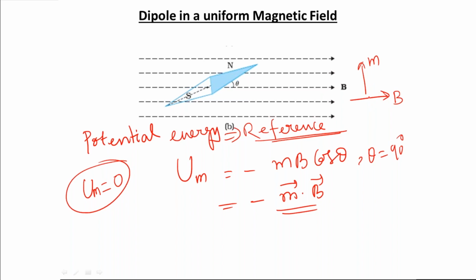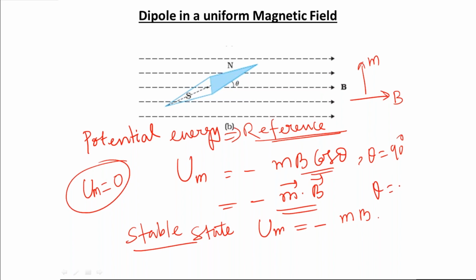But let us see where the minimum energy or stable state and where the unstable states are. Stable state means when the energy becomes minimum. Look at this expression, the minimum energy will be minus mB when theta is 0 degree.